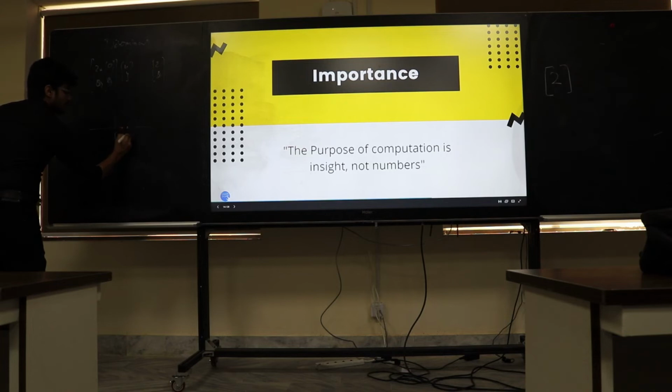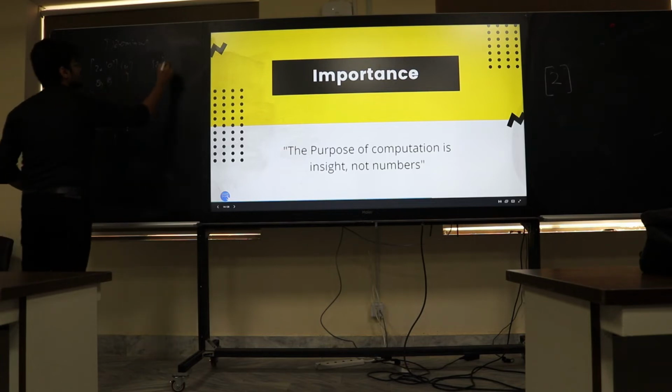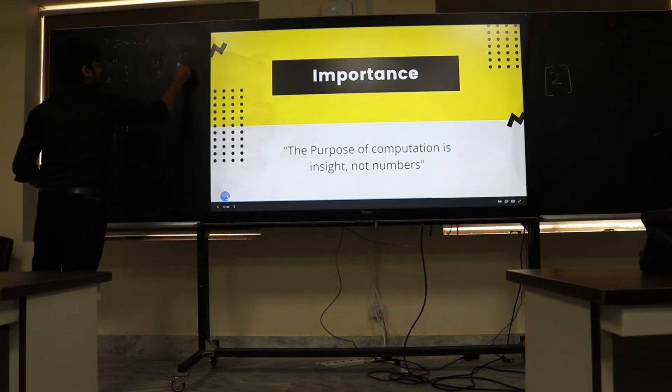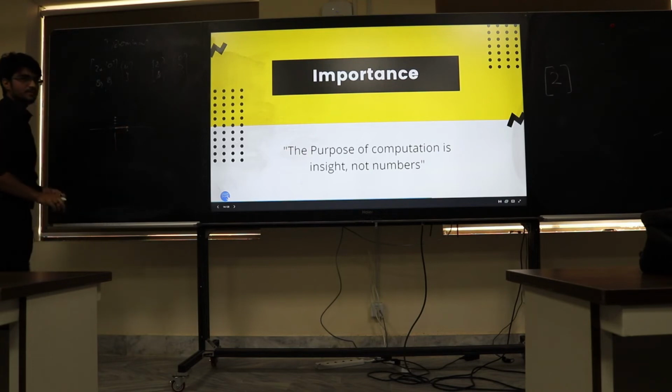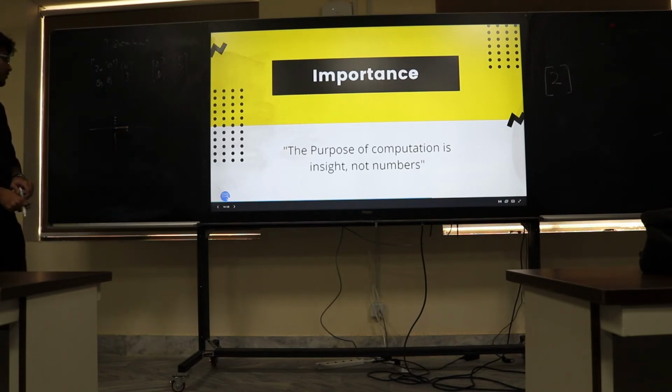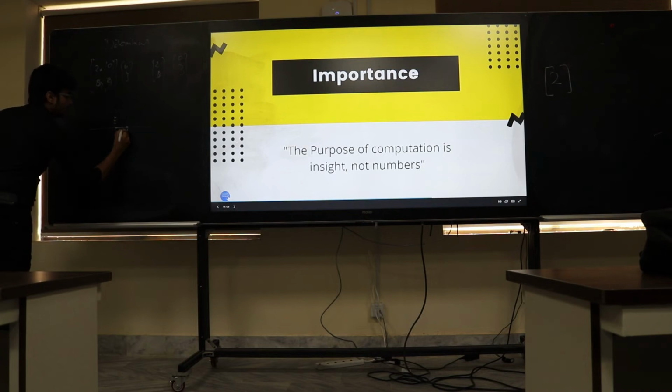It means x is 2 and y is 0. That's a point. The second value represents 0, 3: x is 0, y is 3. Now the first column represents the i hat. The second column represents the j hat.